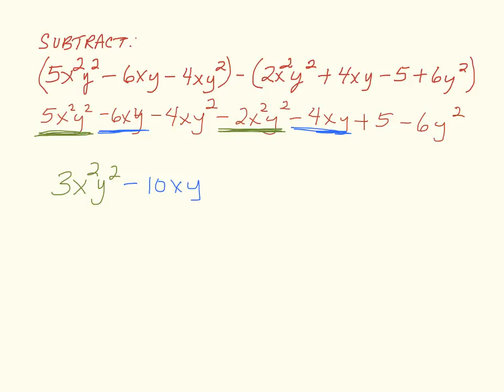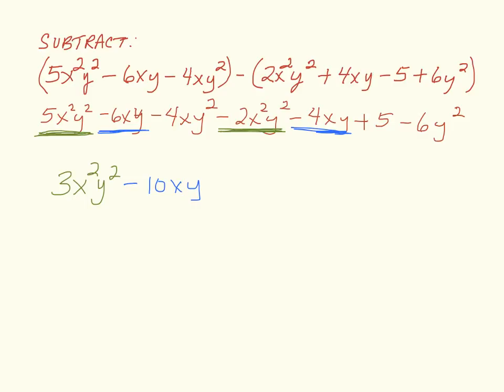What else? We have an xy squared term, a 5, and a minus 6y squared. But we don't have an xy squared term to combine with the negative 4.